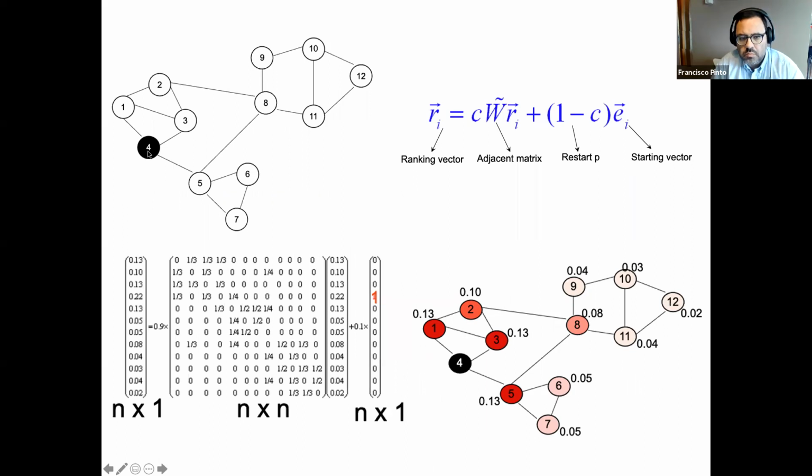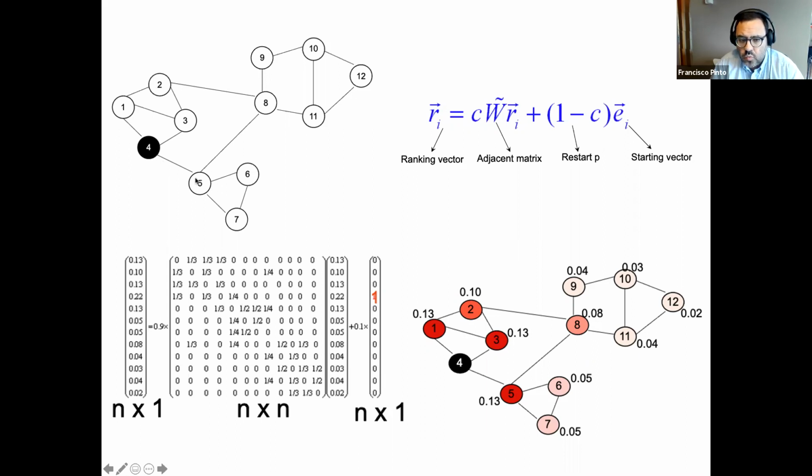And the random walk means that the walker is in node 4 and he has 3 possible direct destinations, node 1, 3, or 5. And he's going to randomly pick one. And if the network has no weight associated with the edges, each one has the probability of 1/3 of being visited by the walker in the next time step.